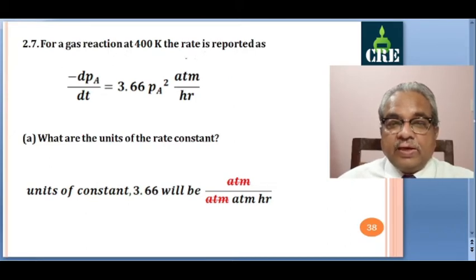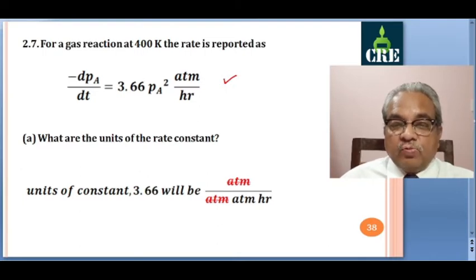2.7. A gas reaction at 400 Kelvin, rate is reported as minus dPa by dt, now with respect to partial pressure in place of concentrations, 3.66 Pa square, and dPa by dt, partial pressure in atmosphere, time in hours, atmosphere per hour. What are the units of the rate constant? Units of this rate constant will be atmosphere per hour divided by Pa square.